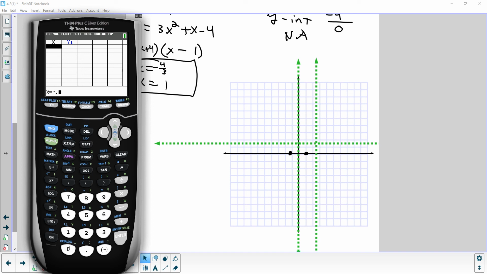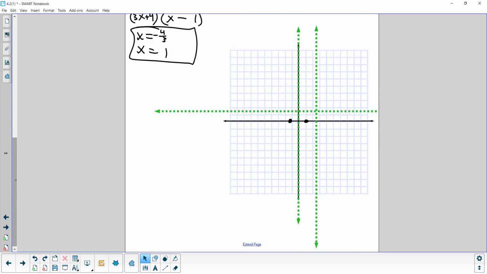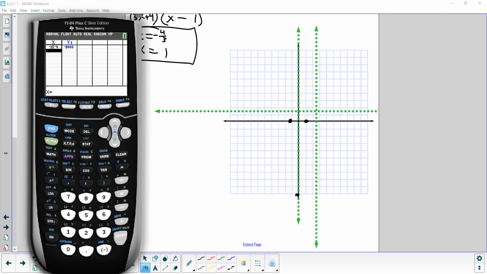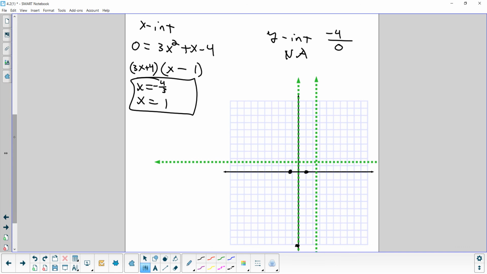Negative 0.0001, and we're at negative 8,000. Okay, so just to the left, your graph is going to go way down. What do you think is going to happen just to the right? Way up. Yep, usually it's the opposite. So way up at 800.